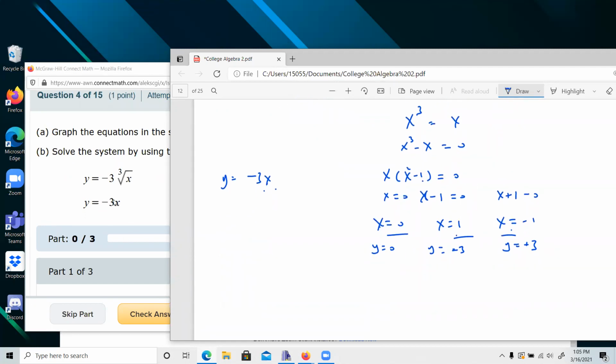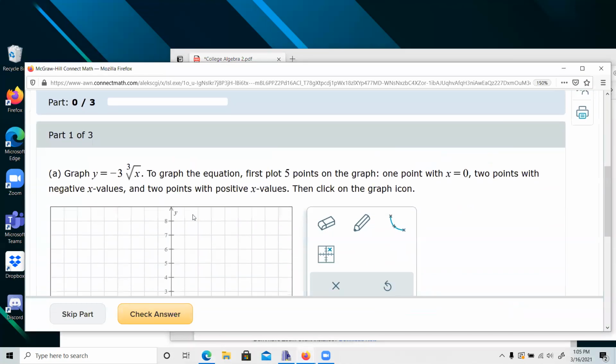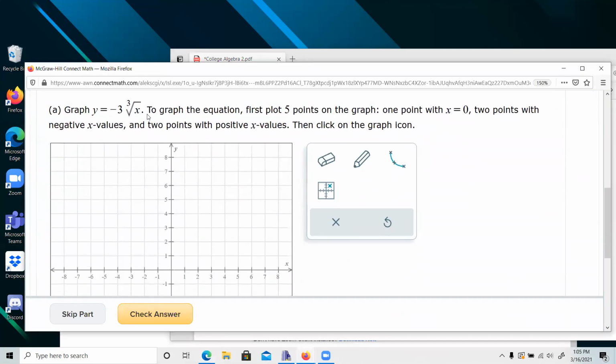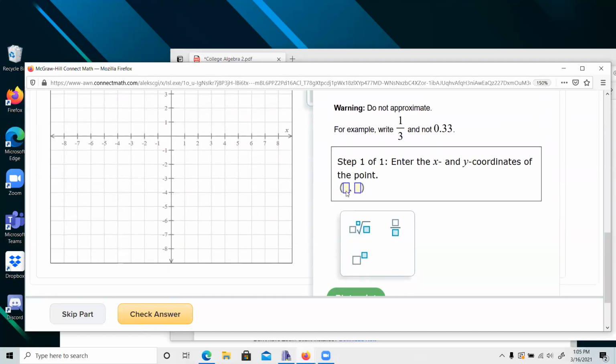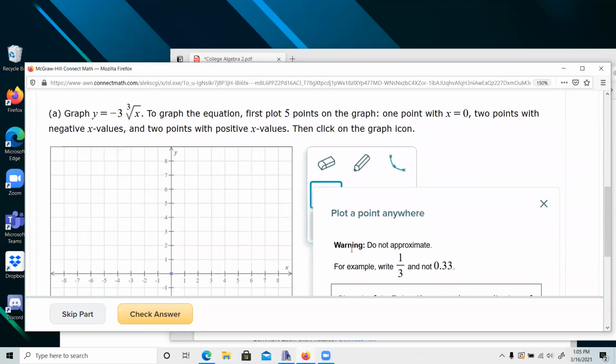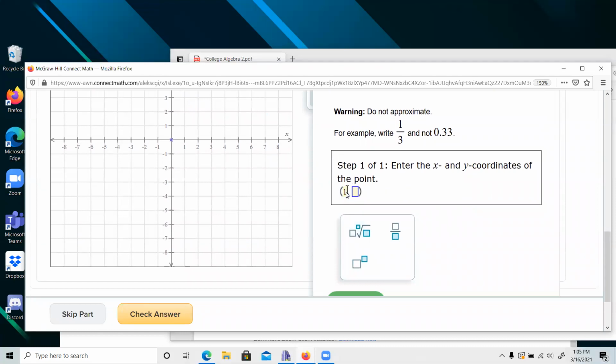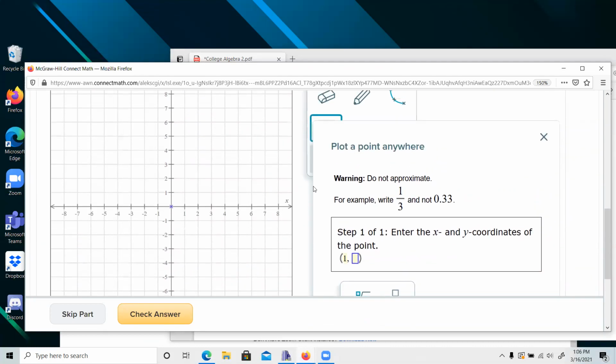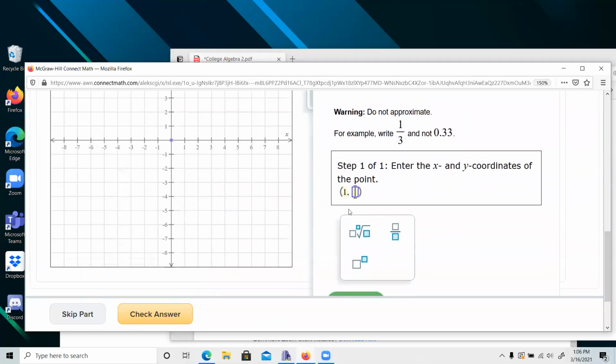Let's go ahead and run it through the computer so we make sure we get all the little pieces right. So graph, 5 points on the graph. Oh my goodness. All right. Let's go ahead and start that. I know 0, 0 is one of the points, so we'll plot that. Okay, when x is 1, the cube root of 1 is 1. 1 times negative 3 is negative 3.